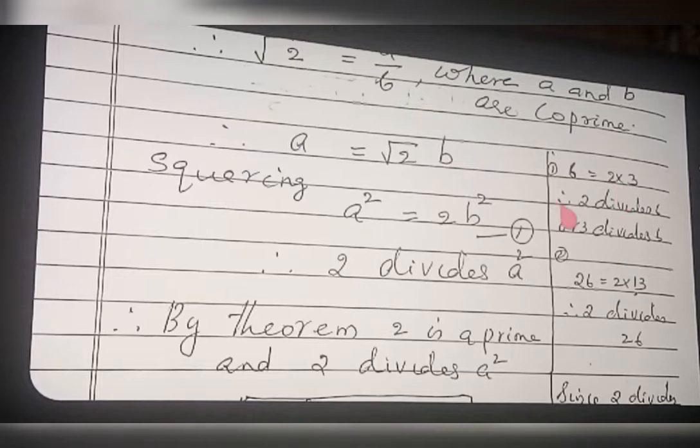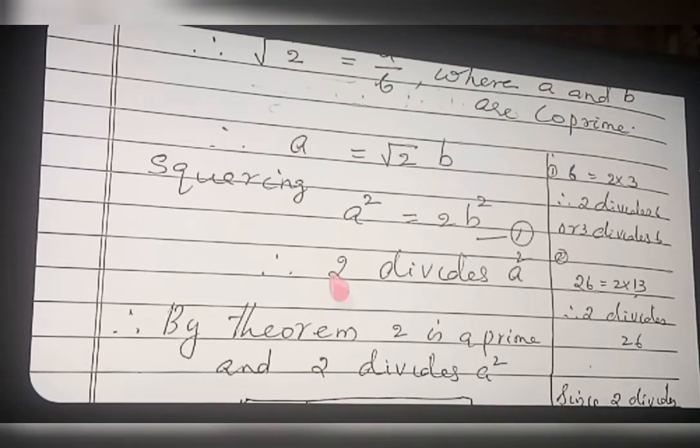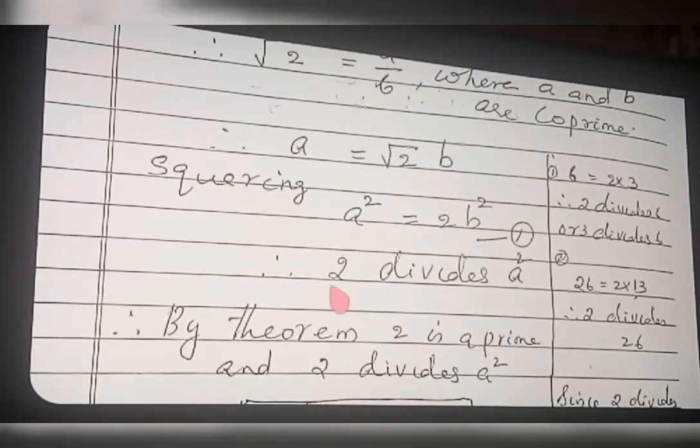Same meaning here. A square is written as the product of 2 and b square, so 2 divides a square. Understood? See the example properly: 2 divides 6. So by theorem, previously I told you, theorem number 1.3.